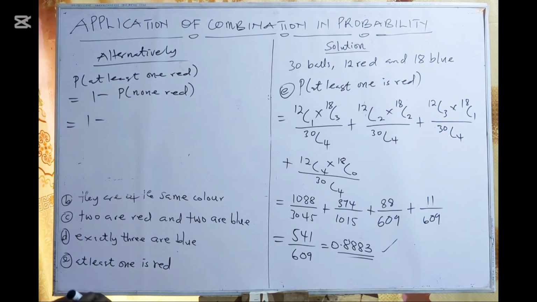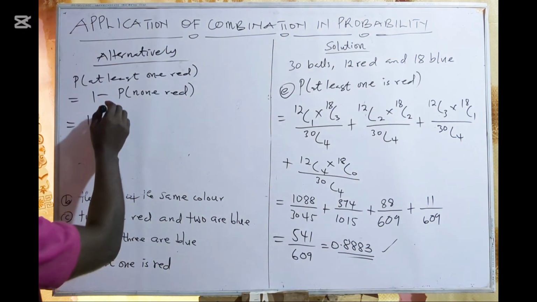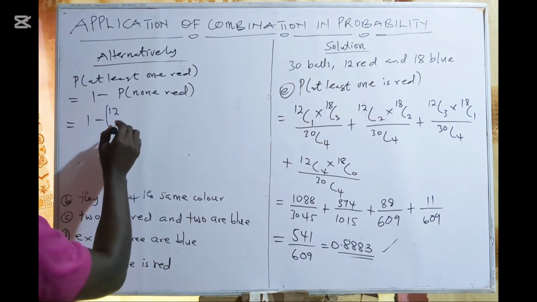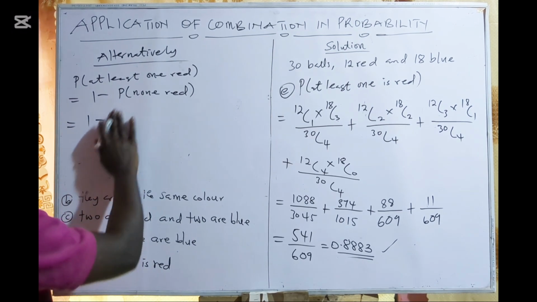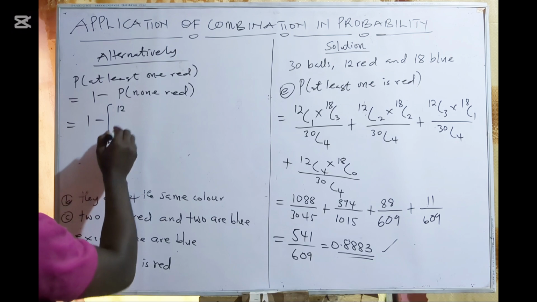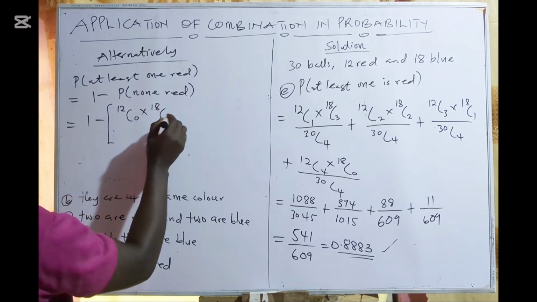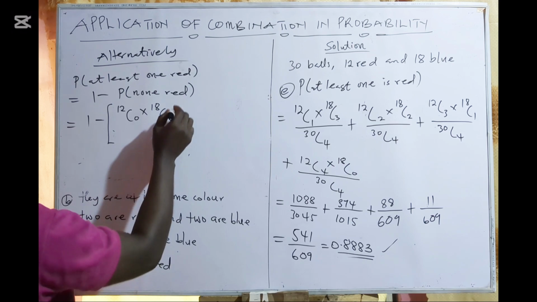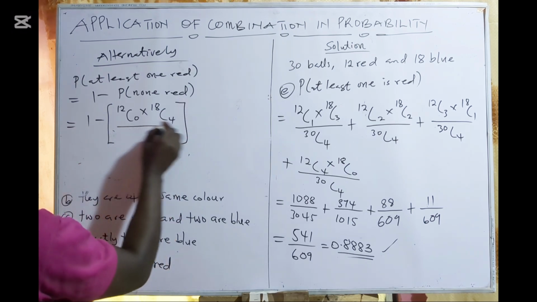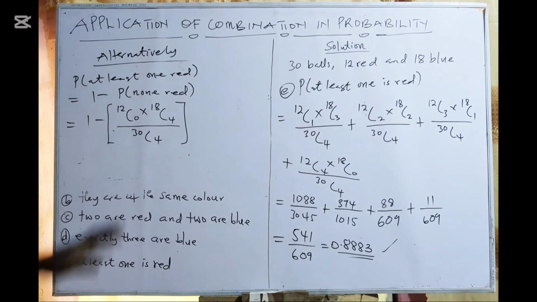So 1 minus the probability that there will be no red. If there is no red, we are selecting 4, it means that all the 4 will be blue. So if there is no red, then in our selection we will have 12 combination 0, no red, and then all the selection from the 18, all divided by 30 combination 4. This is the probability that none is red.